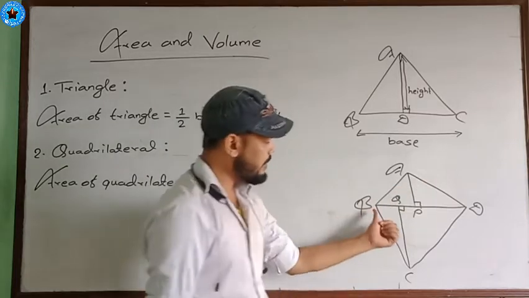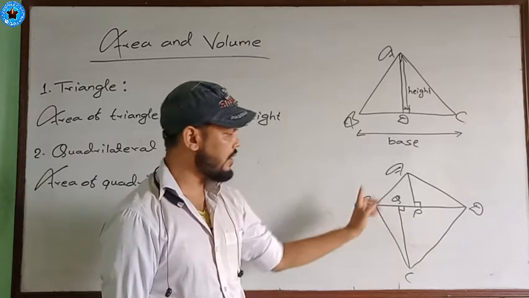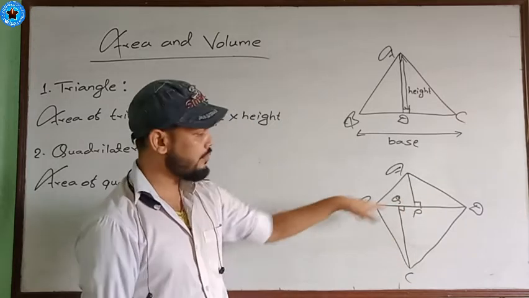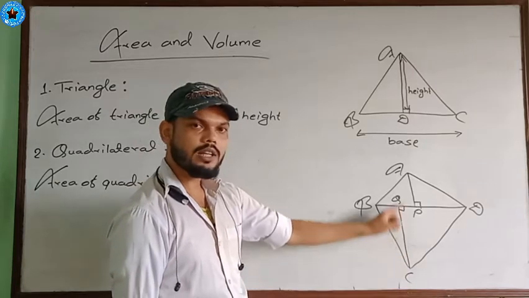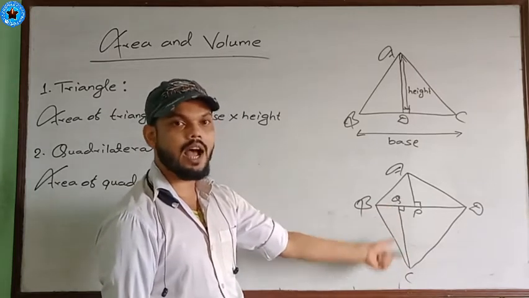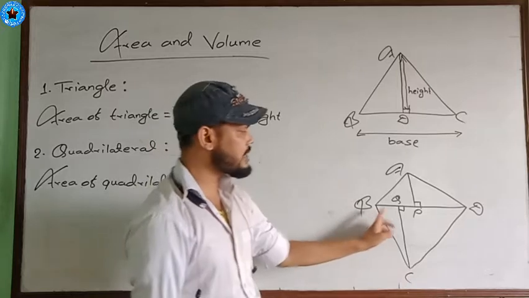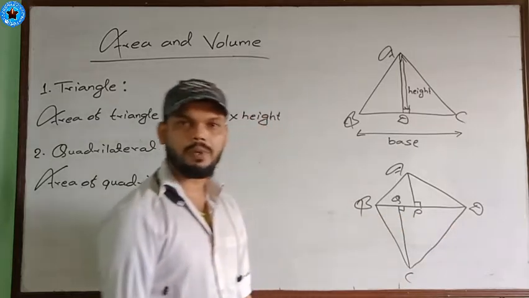Similarly, for triangle BCD, QC is the altitude, that means the height, and BD is the base.